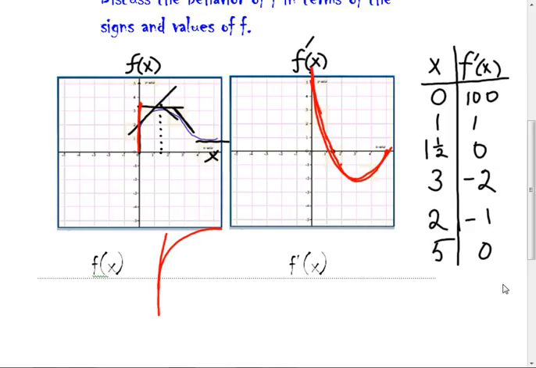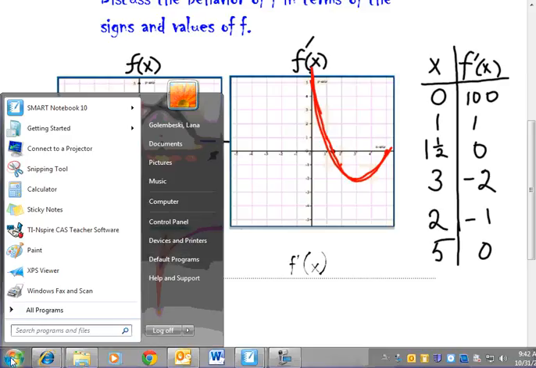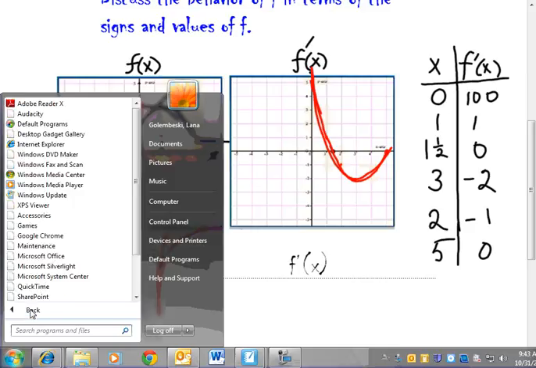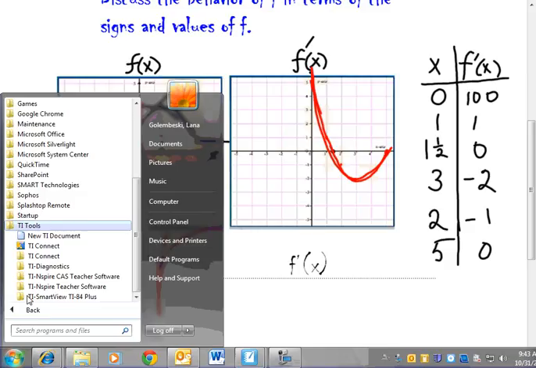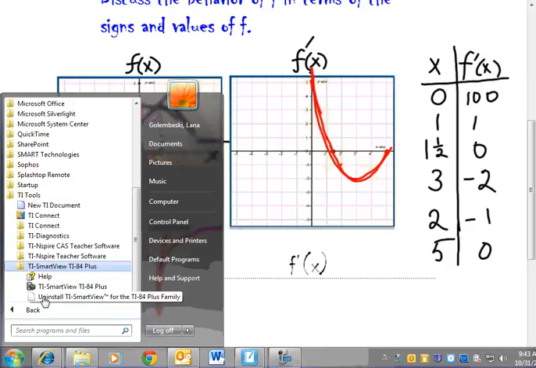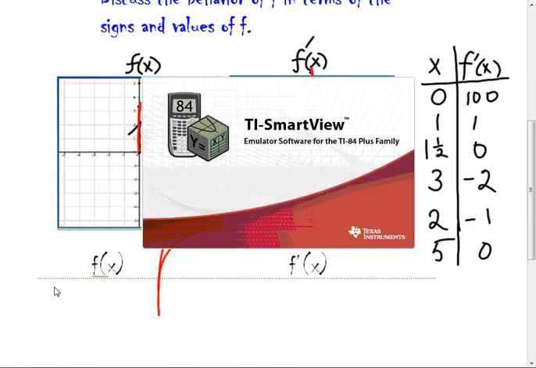But let's look at the calculator. Oh, I like that one better, but okay, I'll use the 84. Okay, tools. There it is. And what do you think the derivative of the sine function is?